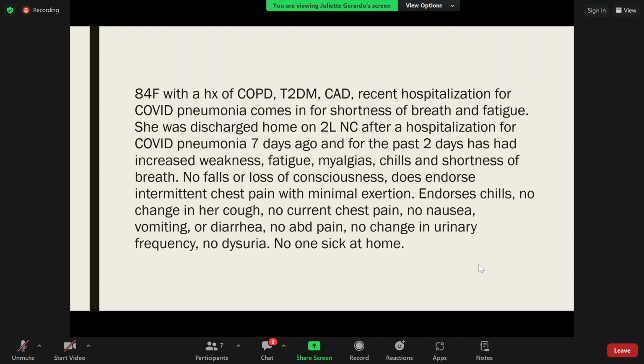Luckily at home, she hasn't fallen or lost consciousness, but she does say that she sometimes has chest pain when she moves around just a little bit. She has had some chills, but no change in her baseline cough, no current chest pain, no nausea, hasn't thrown up, and no loose stools. She doesn't have any abdominal pain and has had no change in her urinary frequency or dysuria, and no one else is sick at home.